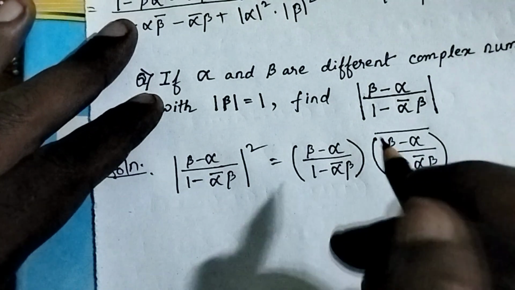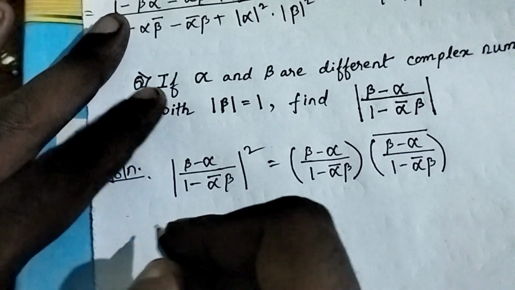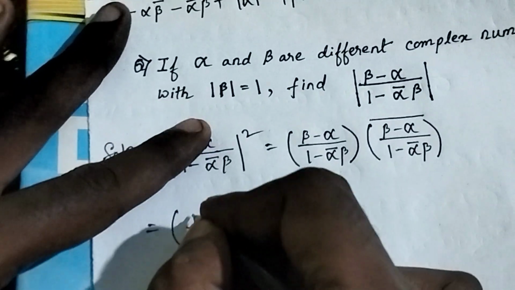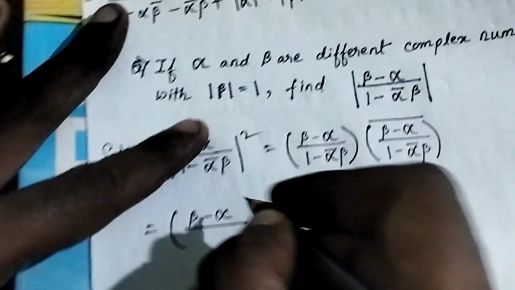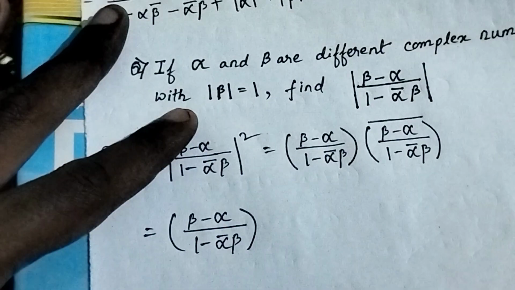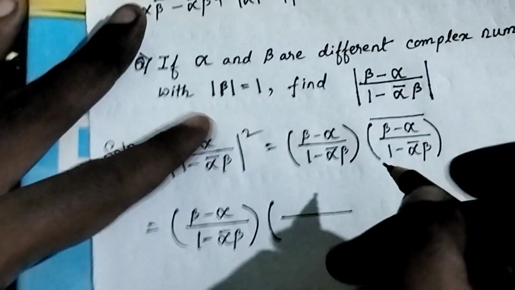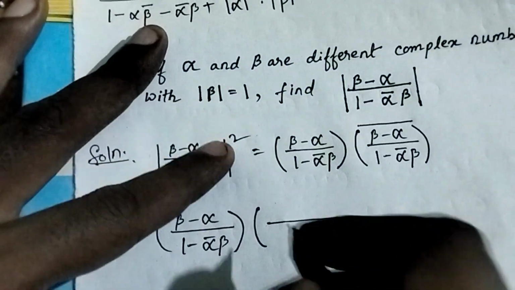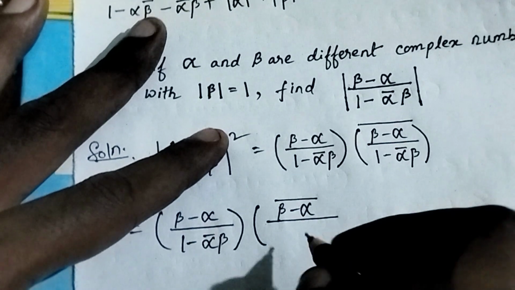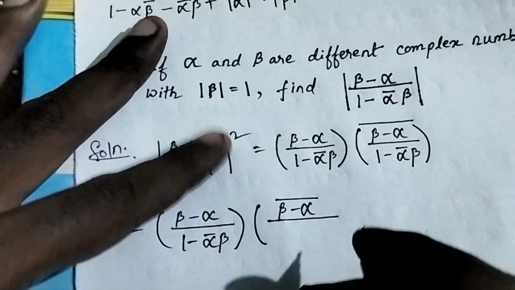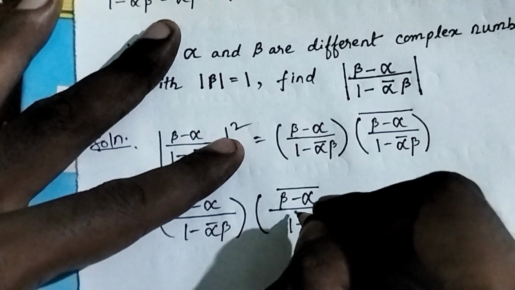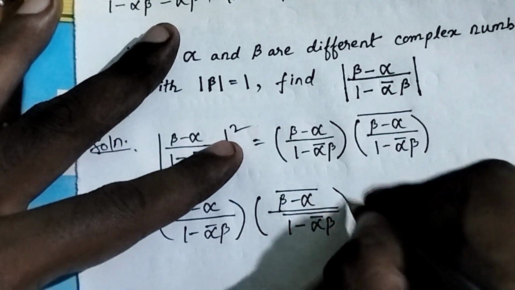So this will be (beta minus alpha by 1 minus alpha conjugate beta) into (beta minus alpha whole conjugate) by (1 minus alpha conjugate beta whole conjugate).